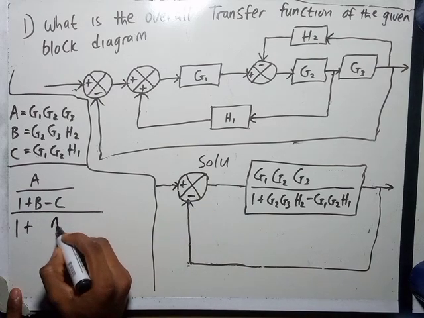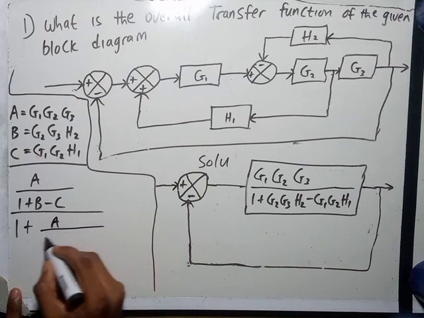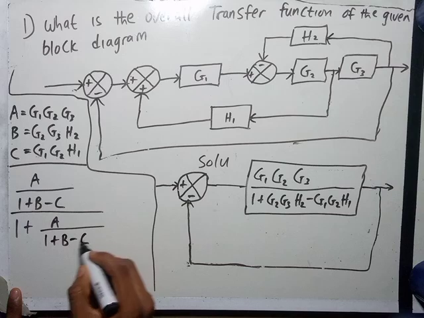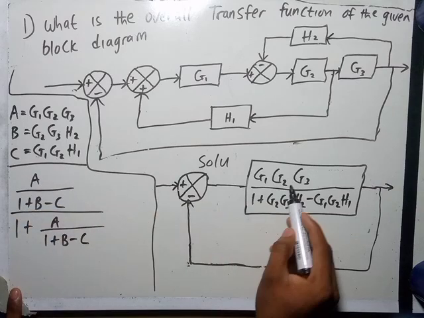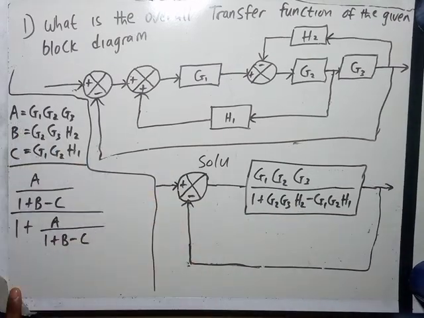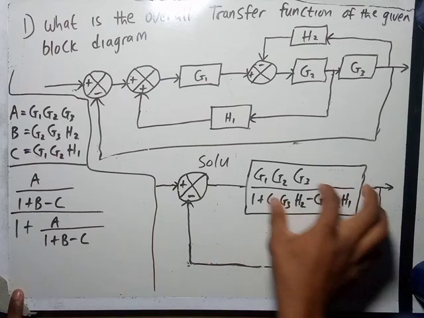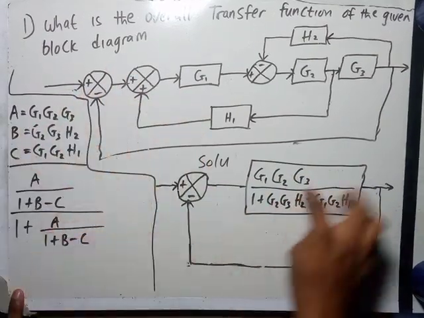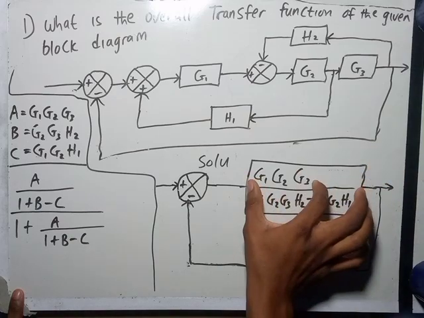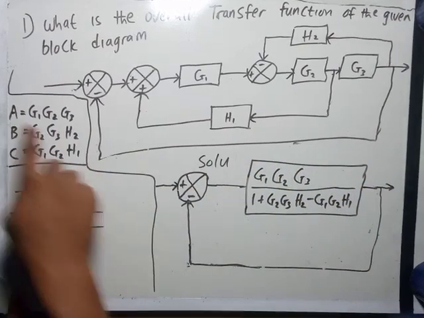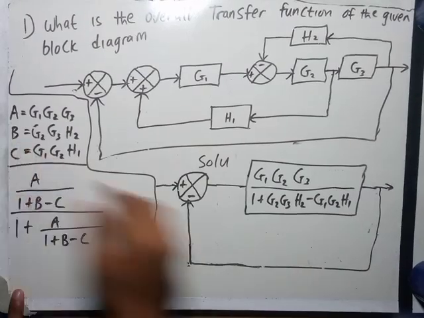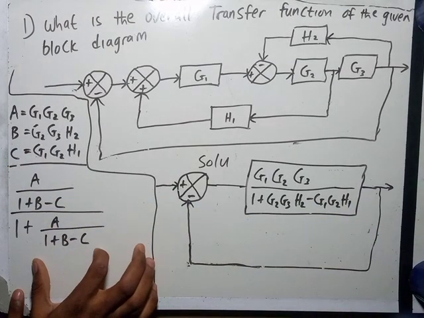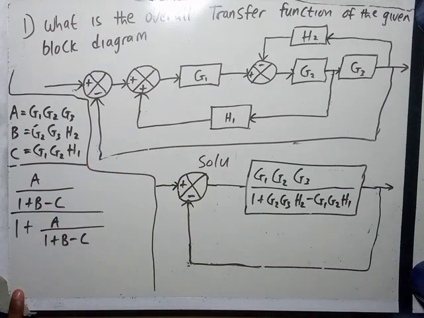Plus A over 1 plus B minus C. The A, remember, like we said there, we just want to economize space. So instead of me writing the whole of this expression on and on again, I'm substituting these three products here with A, these three here with B, these three here with C, just to economize space. And as you can see, it has done a very good work for us.